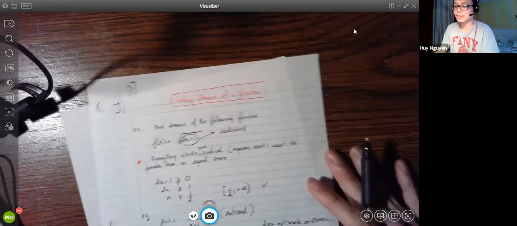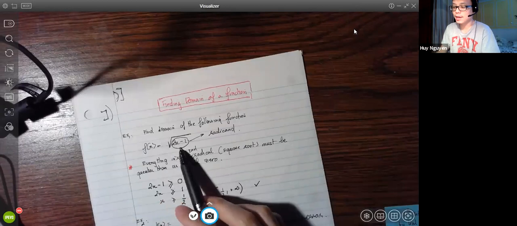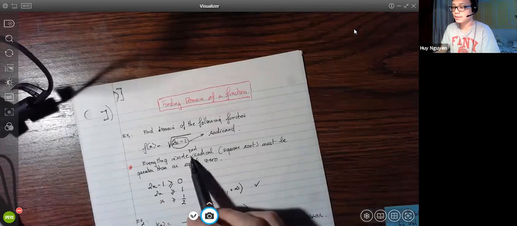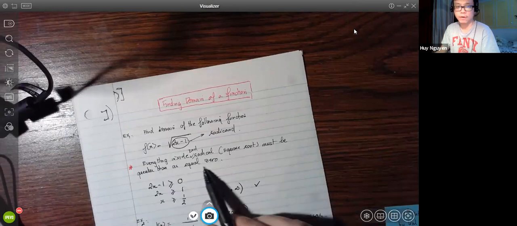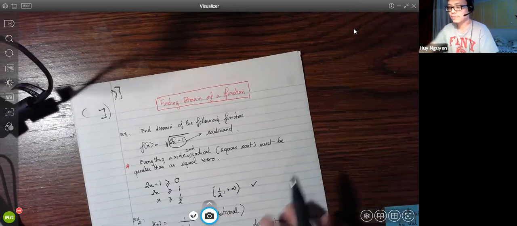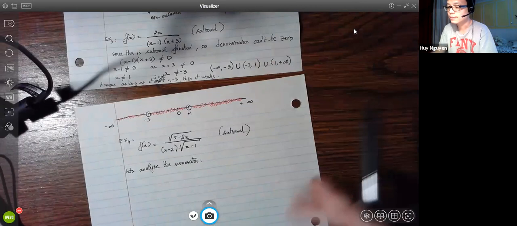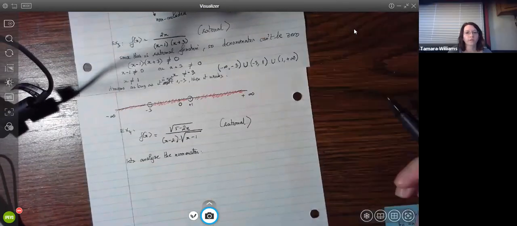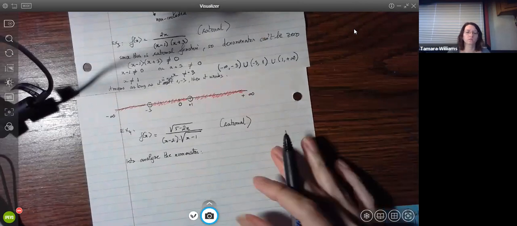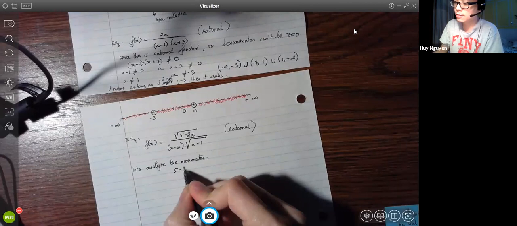For a radical, everything inside must be greater than or equal to 0. So which one is the inside part of the radical right here? 5 minus 2x. So 5 minus 2x is greater than or equal to 0.